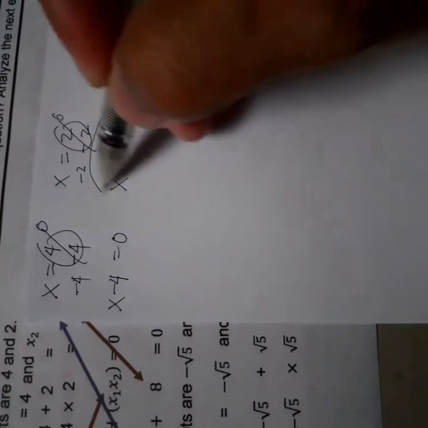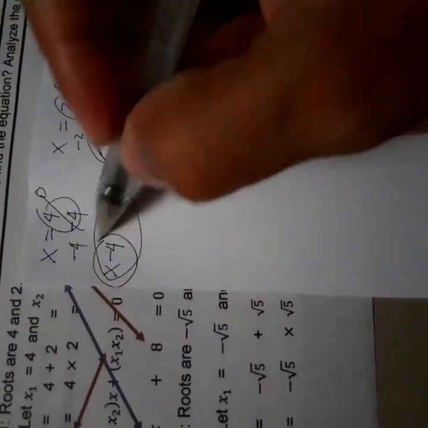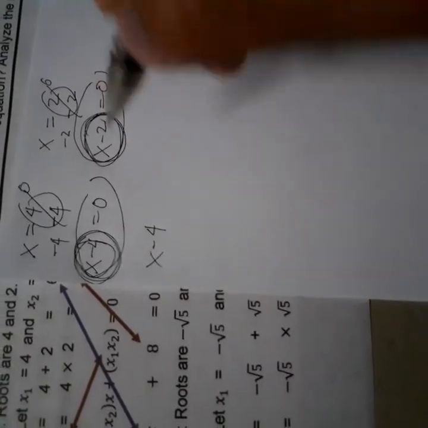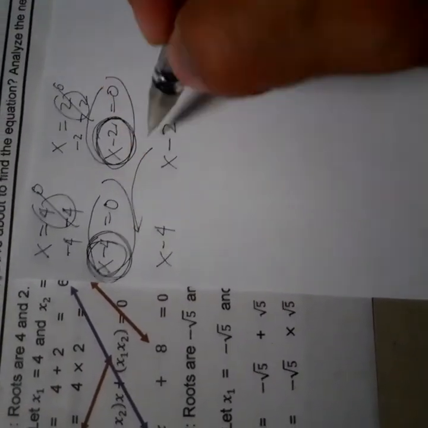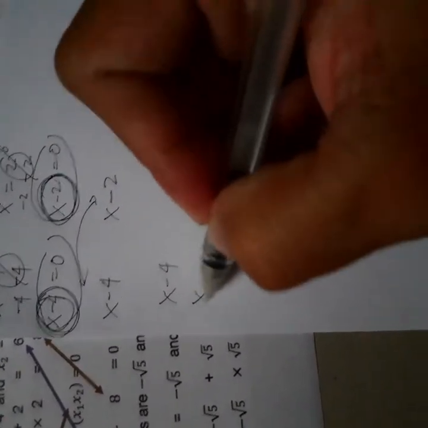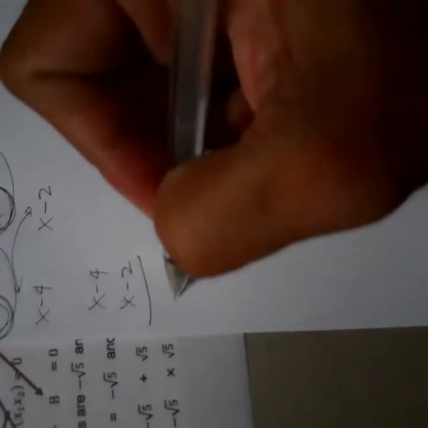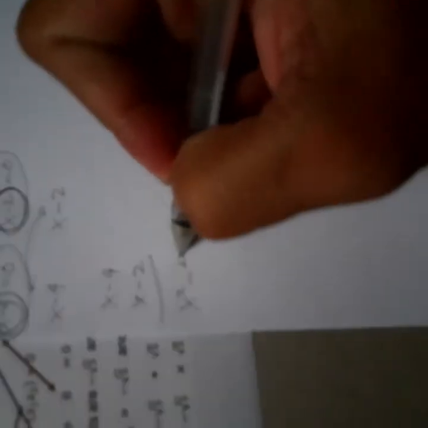Then, we get an equation. First, get this expression. So we have x minus 4 and x minus 2. Multiply this binomial. Okay, x minus 4, x minus 2, x times x is x squared. x times negative 4 is negative 4x.